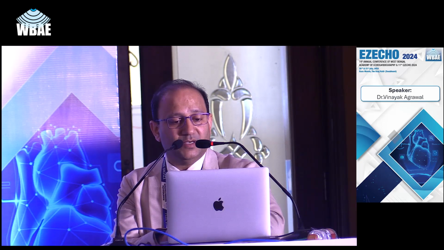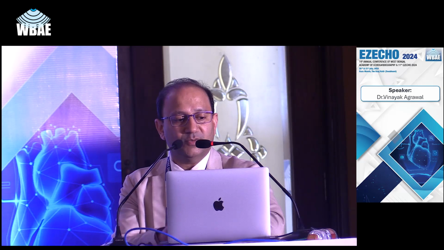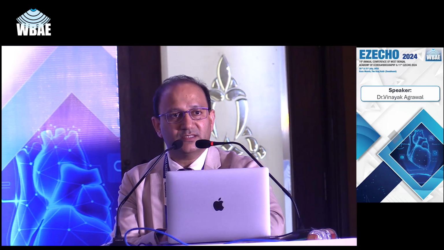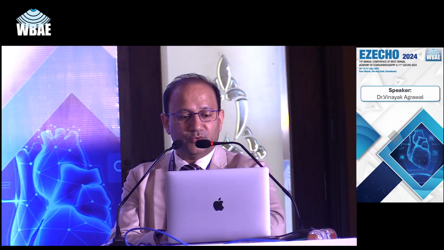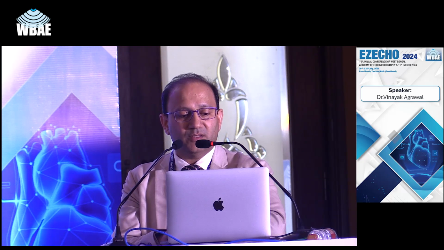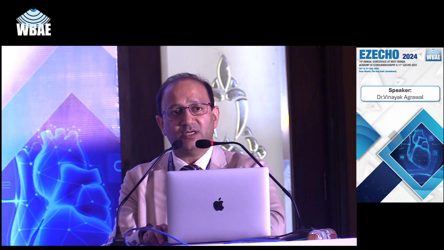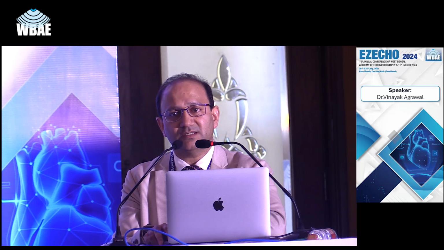Normally it is flat like this, but it becomes increasingly pulsatile as the congestion increases. And then the intrarenal parenchymal vessels can also show you a monophasic pattern when there is congestion. So these are some of the additive findings which can help you define if somebody is having pulmonary edema.